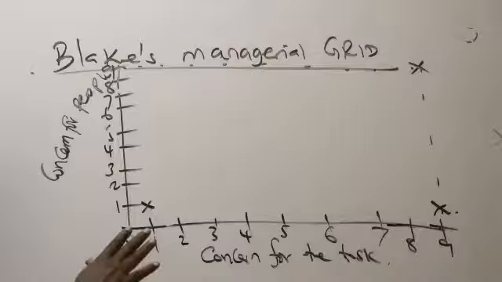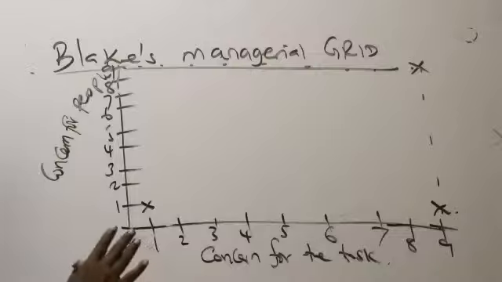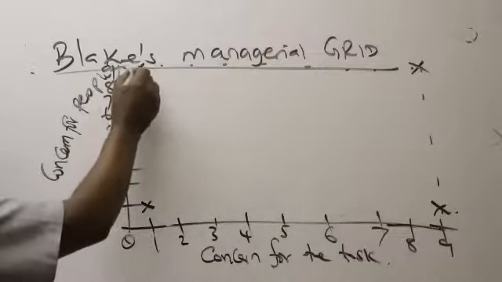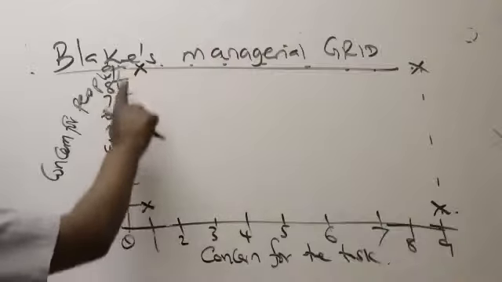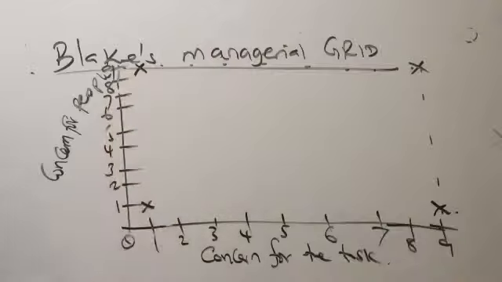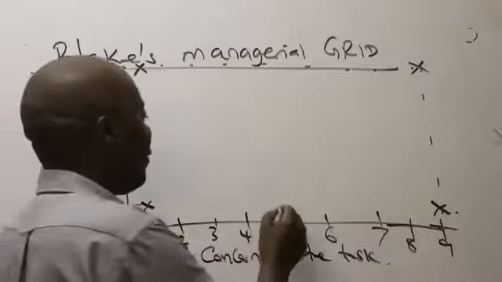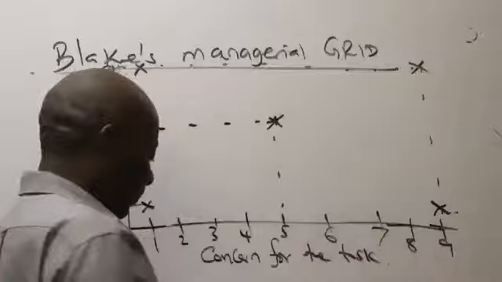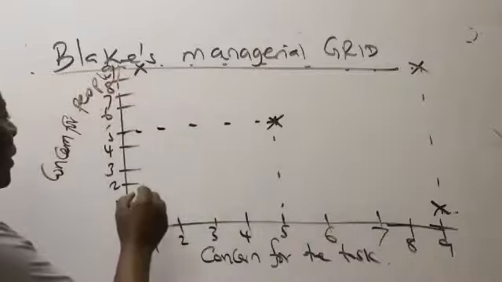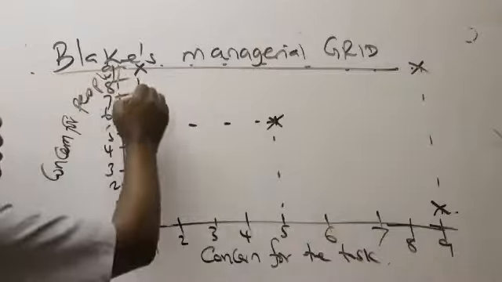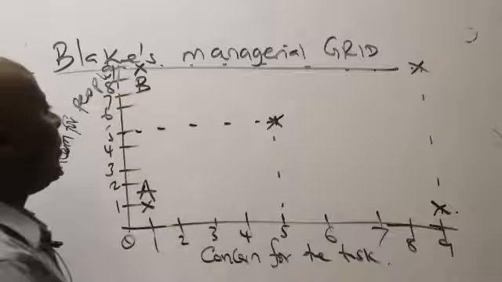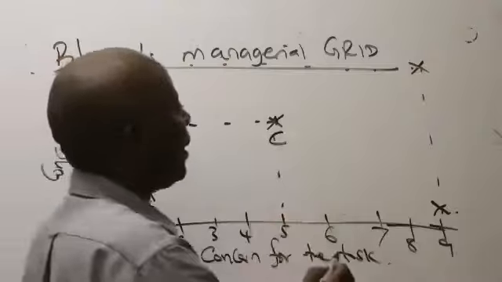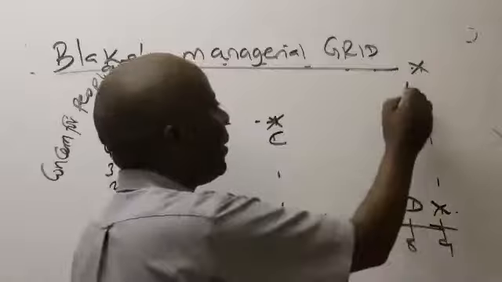And then we have this other guy who operates here at 9 versus 1. And then we have the middle guy, 5, 5. So I'll call the manager here A, the manager there B, the manager there C, the manager here D, and the manager there E.